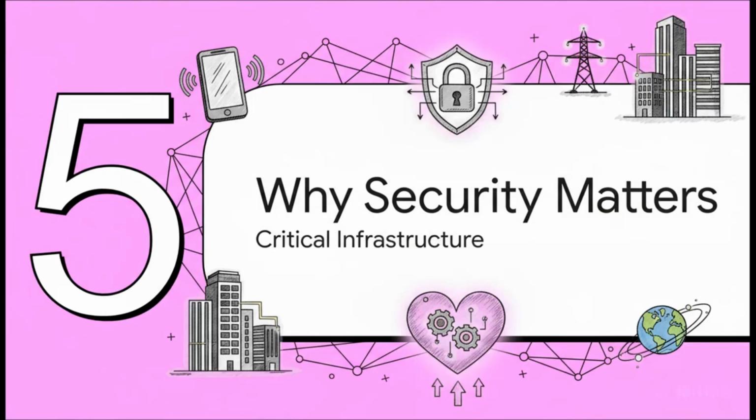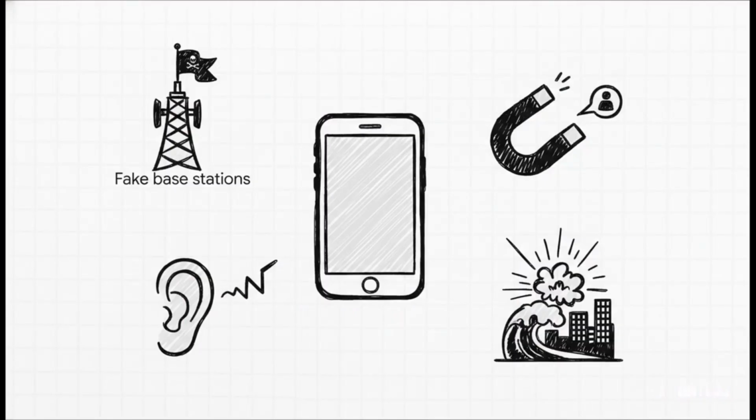So why go to all this cryptographic trouble? I mean, really, what's the big deal? Well, it's because mobile networks aren't just for making phone calls anymore, right? They've become the critical infrastructure for our entire society. For our banking, our healthcare, our logistics systems, our modern world just runs on this technology. And without all this layered security, the risks are, well, they're huge.